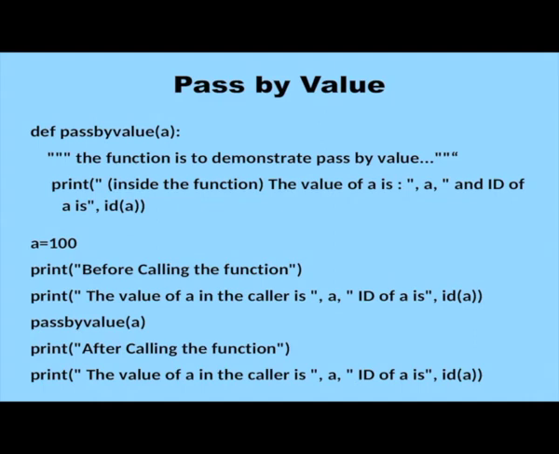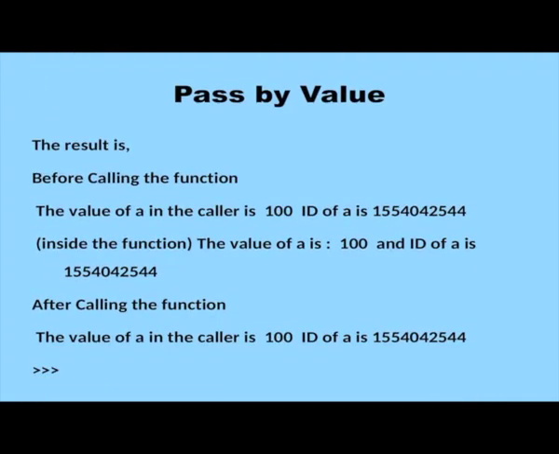After returning from the function, we are trying to print the value of a and ID of a. You can see the output on the screen now. Here a is passed by value to the function and a is an immutable object.